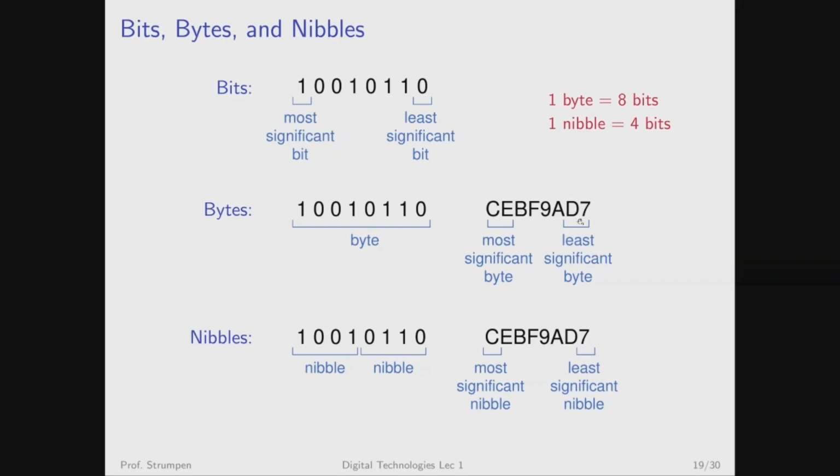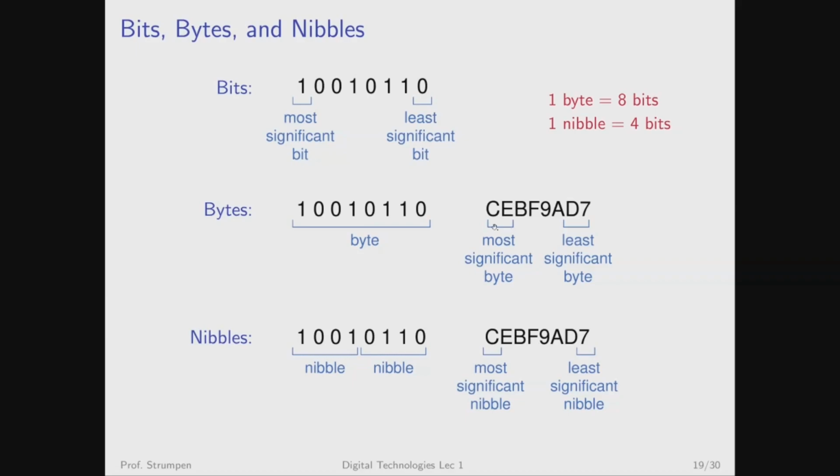And in this particular example, the rightmost 2 hex digits, D7, are also the least significant byte, and the leftmost 2 hexadecimal digits are the most significant.